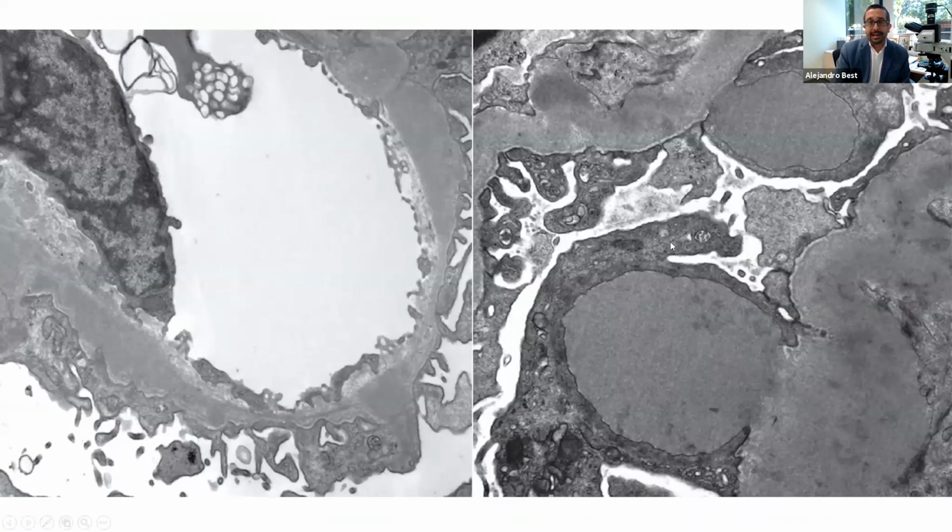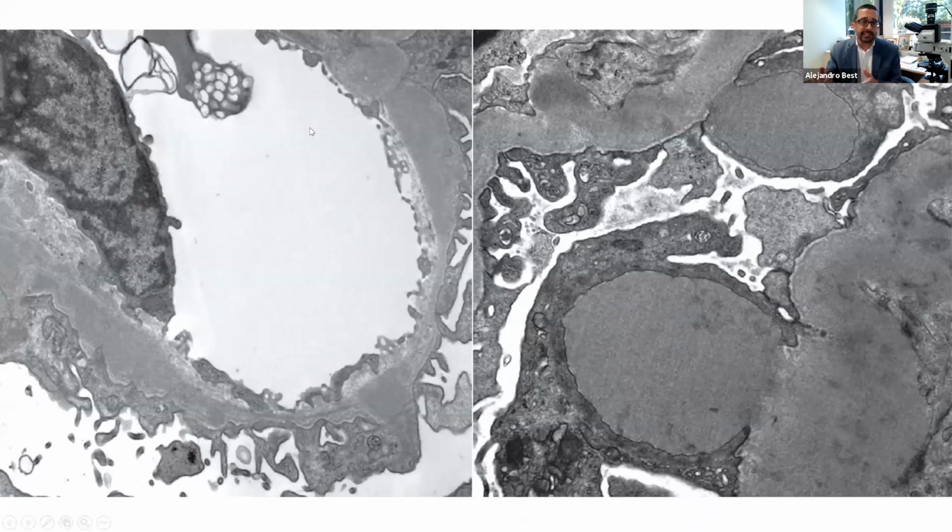But you can have humps identical to the ones you see with infection. So really, the presence or absence of humps makes no difference. And you can have deposits in any portion of the glomerulus, in the loops, so epithelial, subendothelial, intramembranous, mesangial, it doesn't matter. And there's a spectrum.